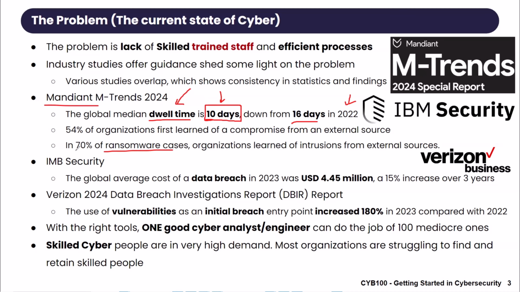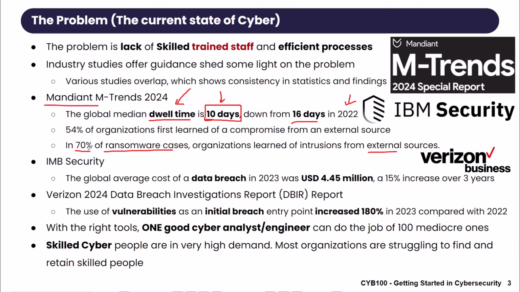Now, 70% of all the attacks, 70% of all these so-called ransomware attacks, the organization knew about from external sources. This is very, very bad, because when your computer gets infected with ransomware, you're supposed to know right there and then.